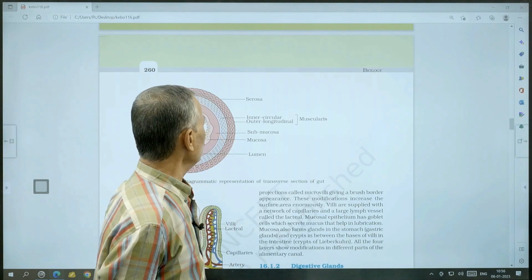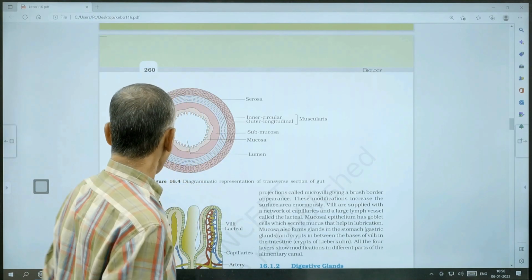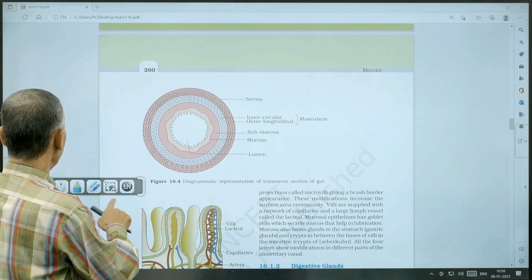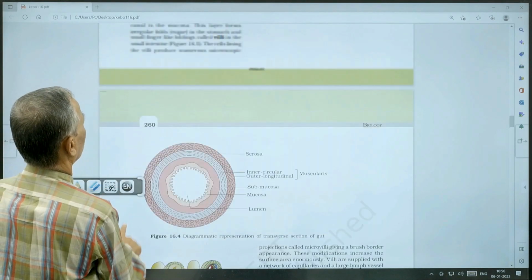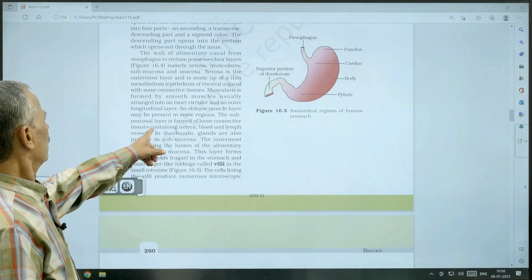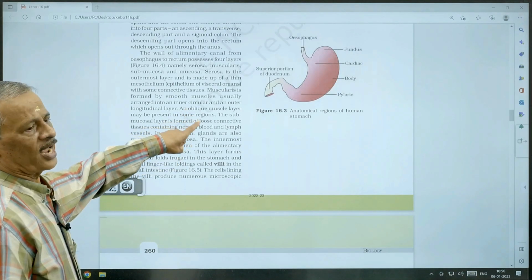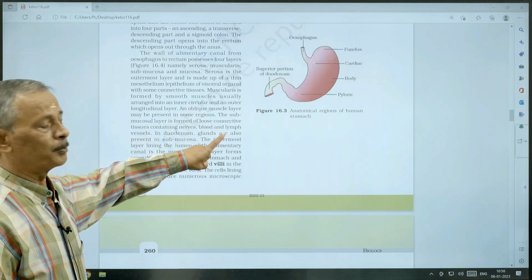So, a glandular mucosa. And these are modified into so many different structures in different parts of the alimentary canal. In duodenum, in this submucosa, you are having a gland called Brunner's gland.